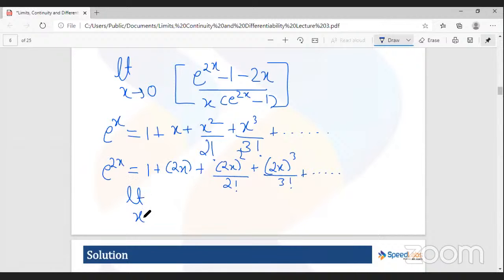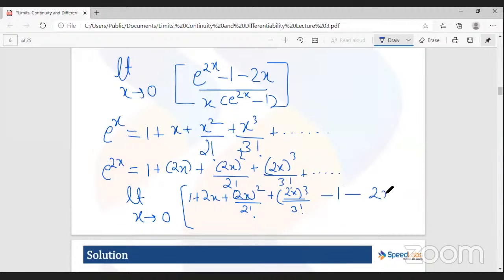So what we get is limit x tending towards 0, 1 plus 2x plus (2x) whole square upon 2 factorial plus (2x) cube upon 3 factorial minus 1 minus 2x, upon denominator, which is x, again 1 plus 2x plus (2x) square upon 2 factorial plus (2x) cube upon 3 factorial and minus 1.